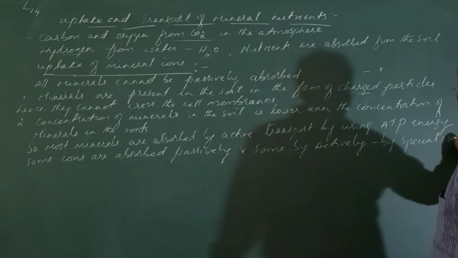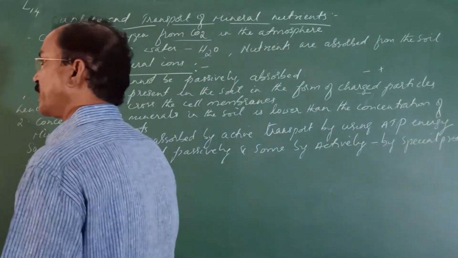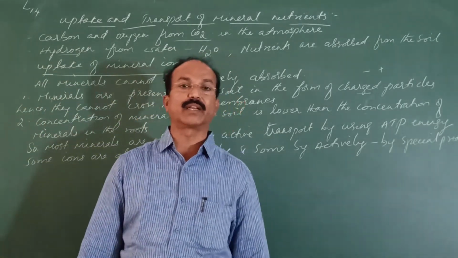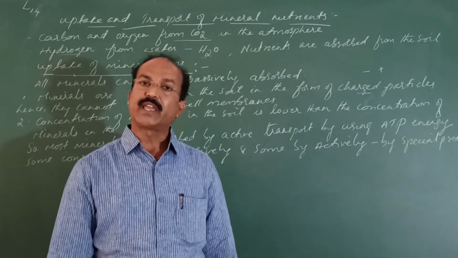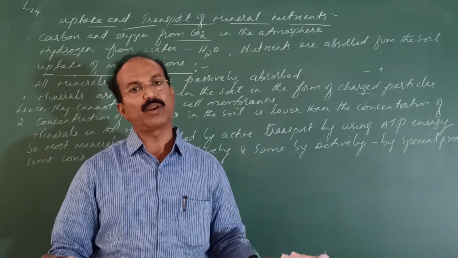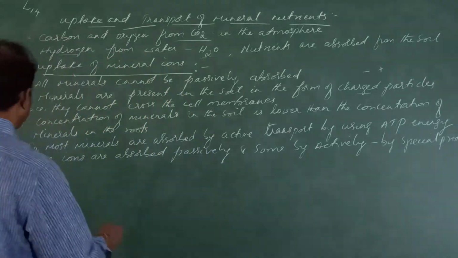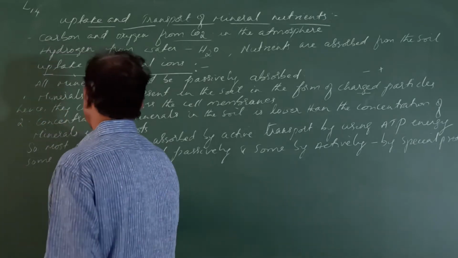Already we have discussed in our previous class, facilitated diffusion. Recall that there are some special membrane proteins involved in transportation of these ions, but a gradient should be there for passive transport. For active transport, even if the gradient is not available, active transport occurs against the concentration gradient. So ions are absorbed either passively or actively by special proteins.